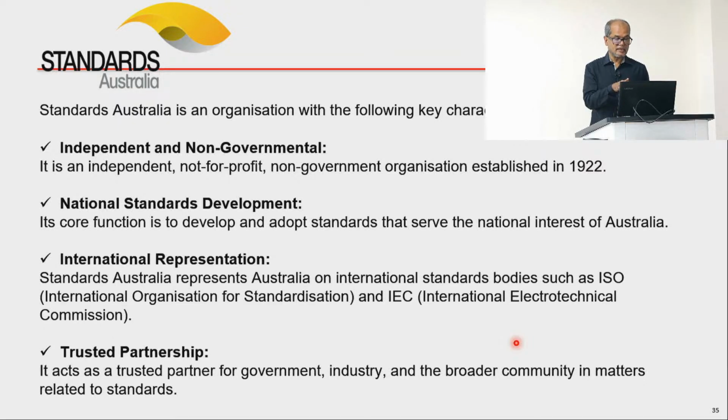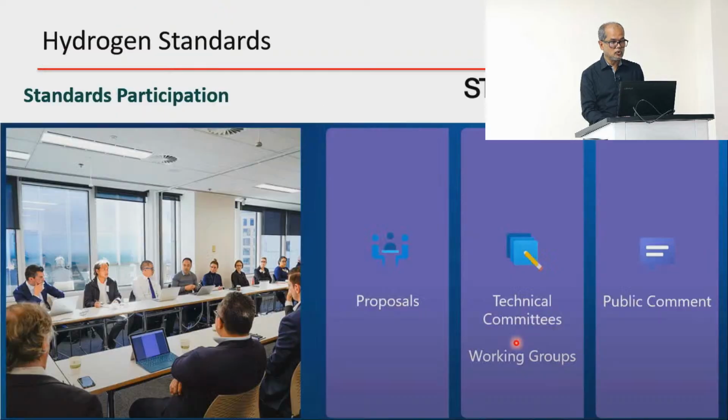So this sort of standard body exists, and even for hydrogen you will have such a body within that standard. They regularly look at all the things that can happen.